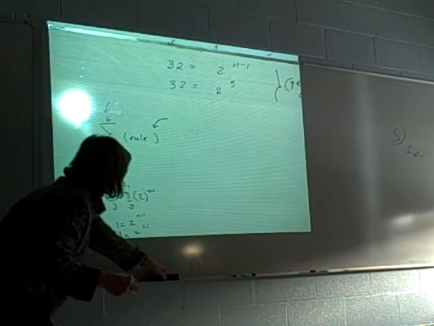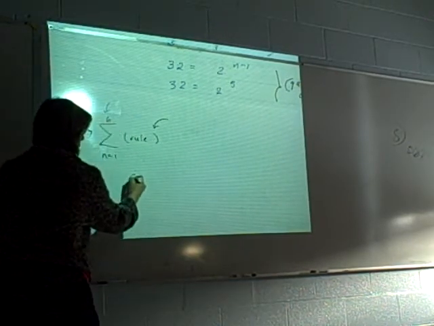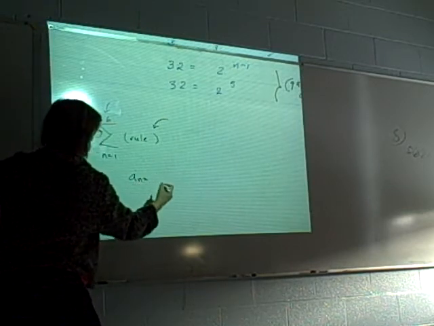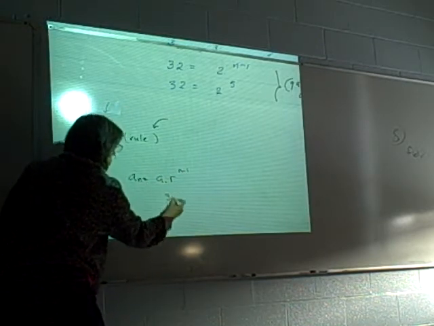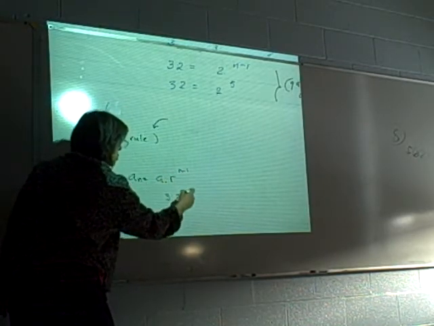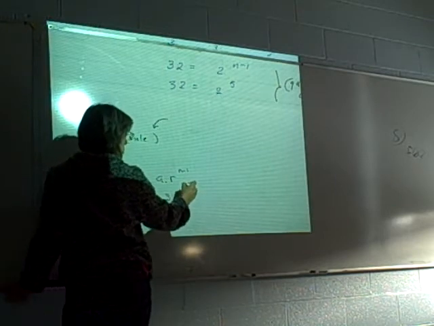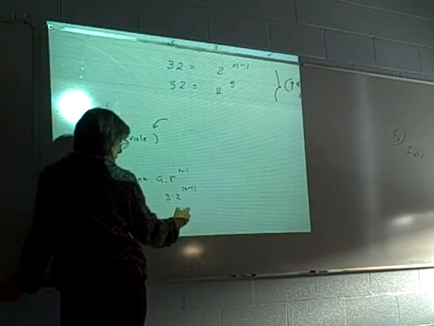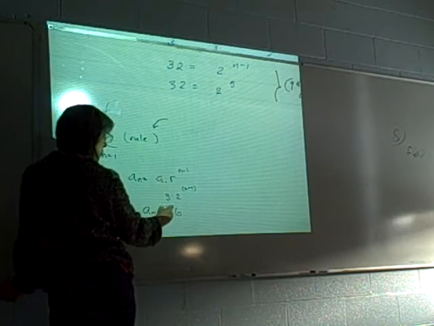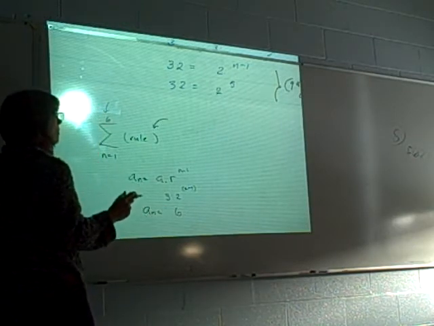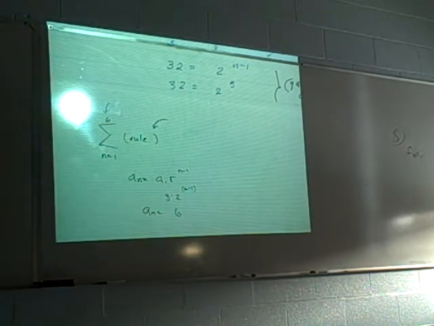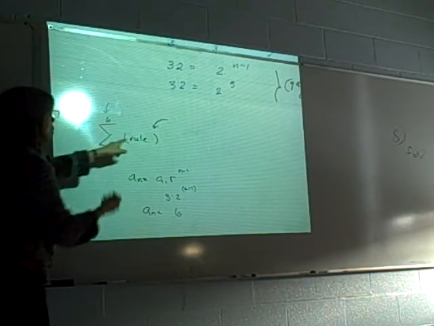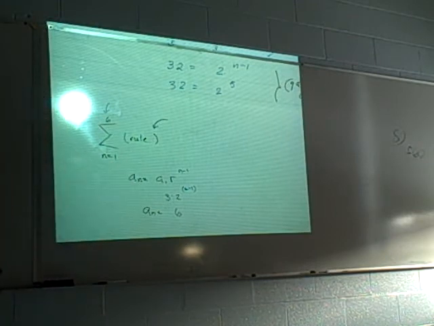If I use a sub n is equal to the first term times the ratio to the n minus 1. If the first term is 3, the ratio is 2, and I said 2 to the 2 minus 1, isn't this the second term? So isn't the formula that you put on the side 3 times 2 to the n minus 1? Yes, that's what I'm saying. So we can use this as our rule. Does that generate all the terms in the sequence?